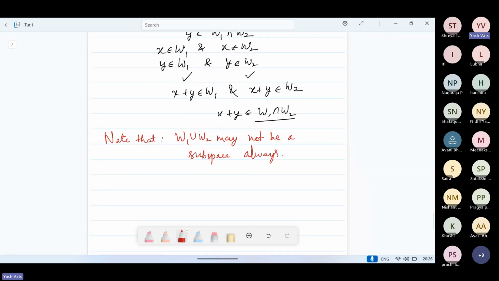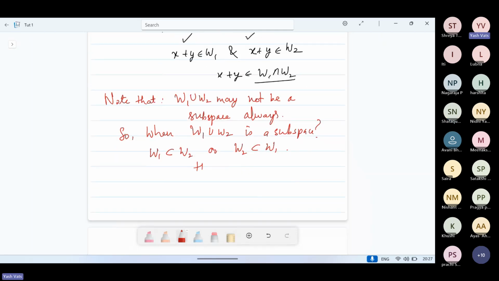So when is it a subspace? It's a subspace when W1 is contained in W2 or W2 is contained in W1.